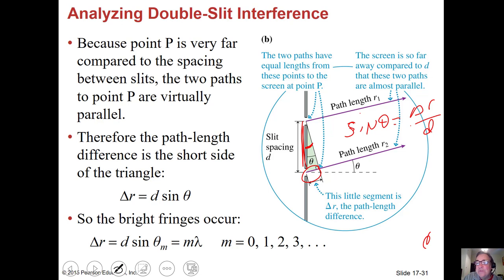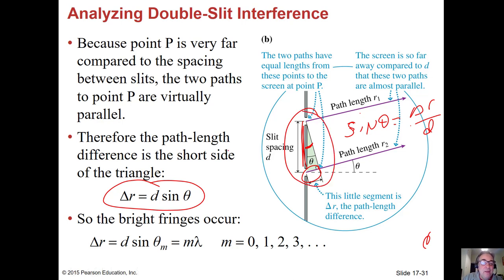Do a little bit of algebra, multiply both sides by little d. That's where you get this equation. So delta r is d times the sine of theta. That's just doing the trig on this triangle here.